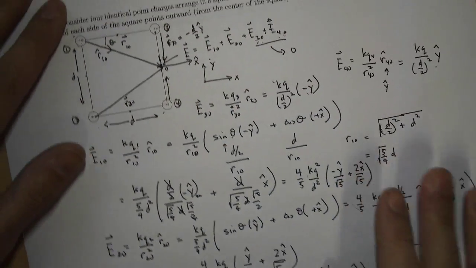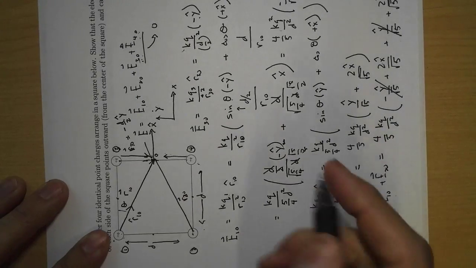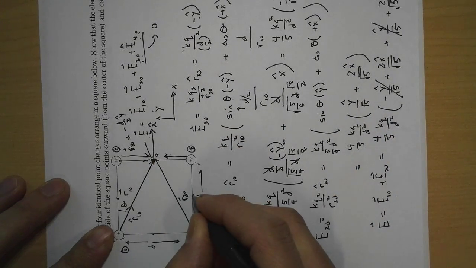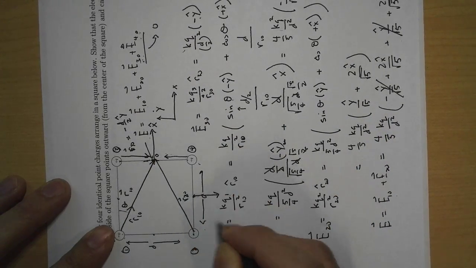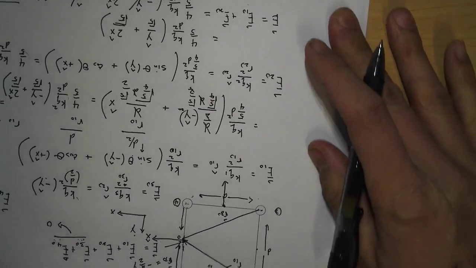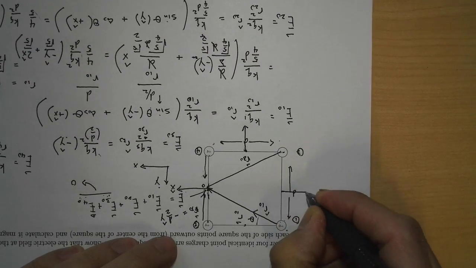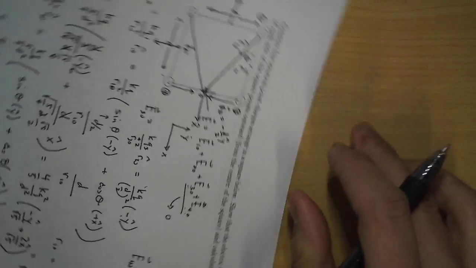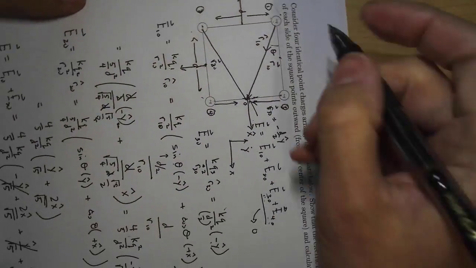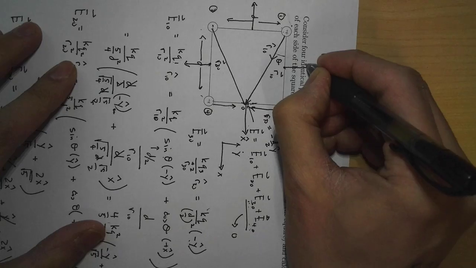Now if I turn it around, it's the same problem as before, so we get this vector. Turn around again, it's the same problem, so we get this vector. Turn around again, same thing, and so we get this vector.